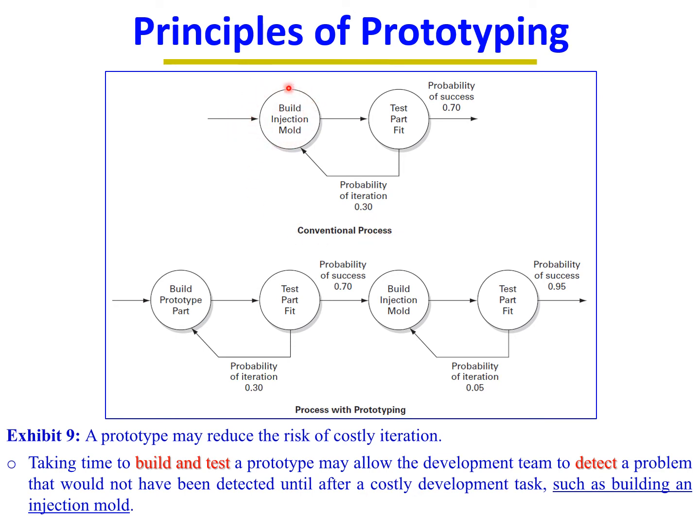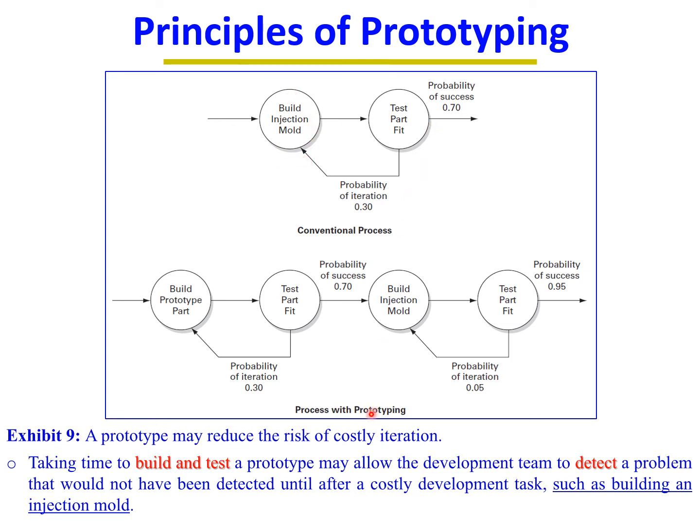Some parts, plastic parts, are to be injection molded, so build the injection mold. Test the part, does this part fit with the other one? There is 70% probability of success, but there is still 30% probability that it will not be a success. So this is big, right? 70% of the times it's okay, but 30% of the times when the part does not fit, you go back and change the mold. So now the cost is very high.